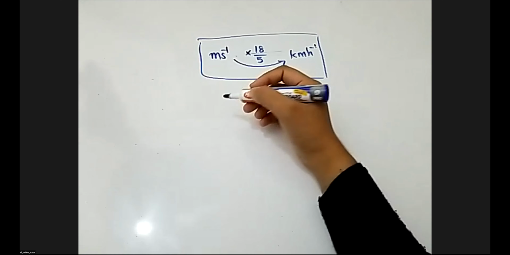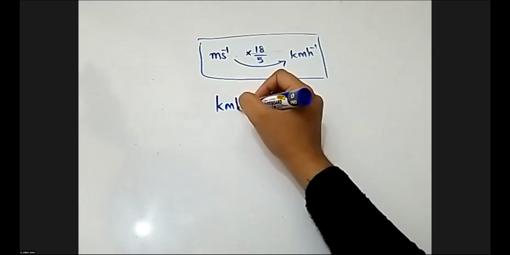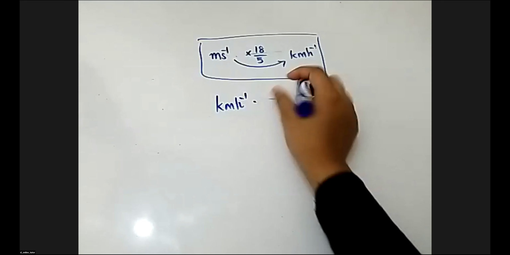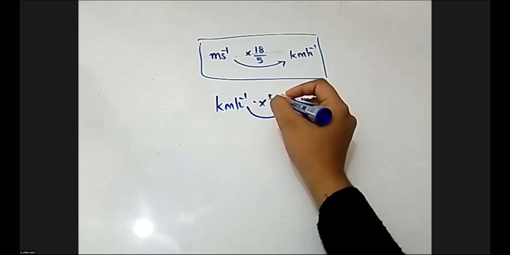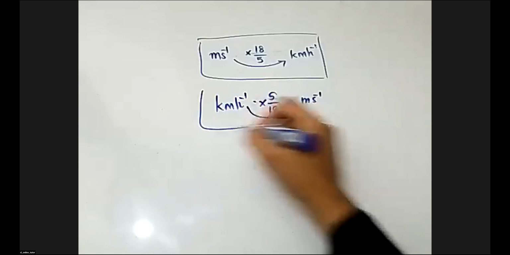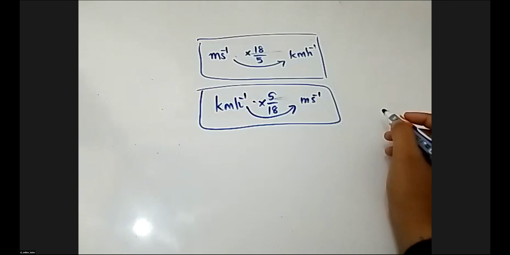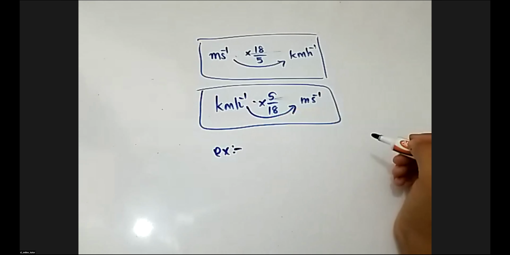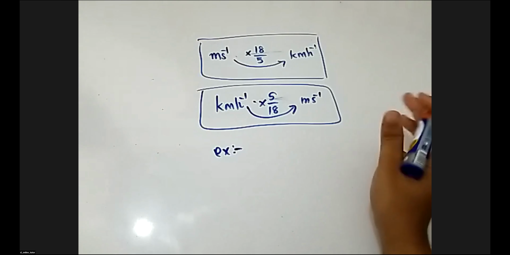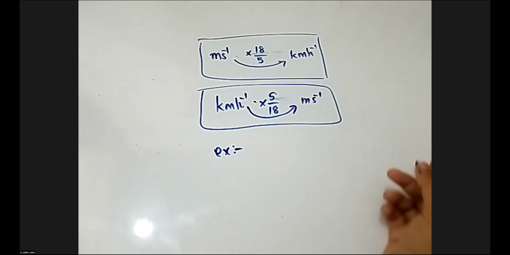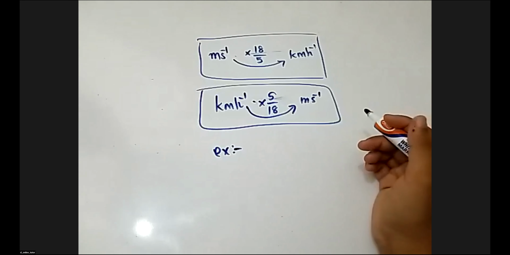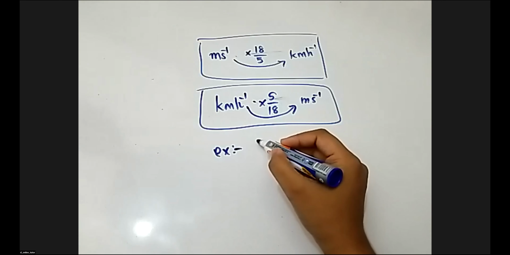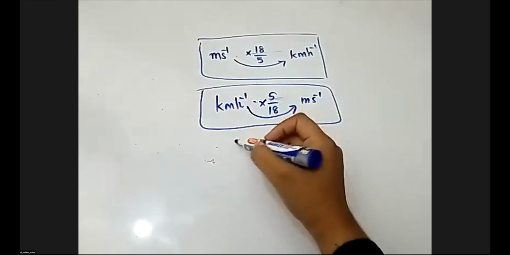Now let me tell you how to convert kilometers per hour to meters per second. Then you have to do the converse process, that is, multiply by 5 over 18. Box that also. Now I'll give an example. Try to do it. Not example, let's say question.